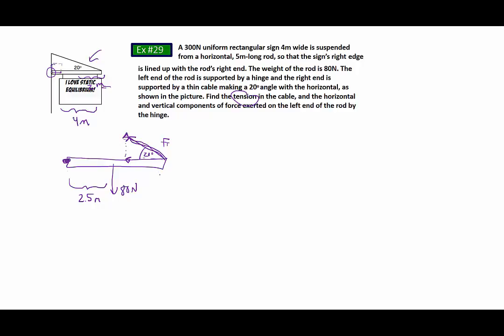So 2 meters from the edge, and because the rod is 5 meters, that's 3 meters from the hinge. I'm going to draw that 300 newton sign pulling on the rod, the center of the sign pulling down.